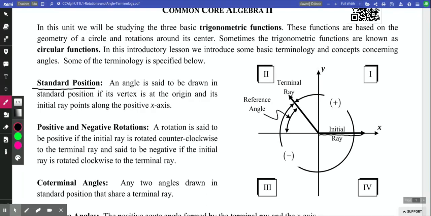And for a positive angle, as we see here, it follows the way the coordinates work. And you go counterclockwise for a positive angle. For a negative angle, you would still start from the same initial ray, but you would go the other way, clockwise.